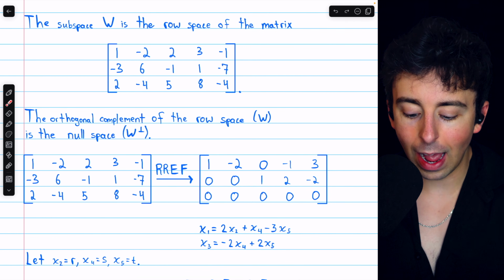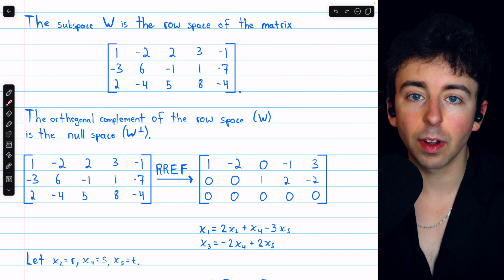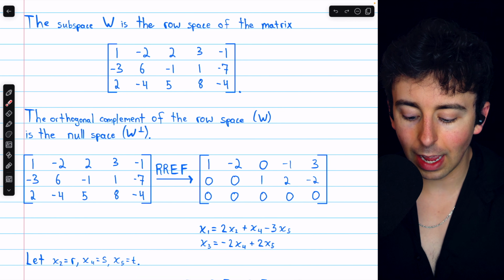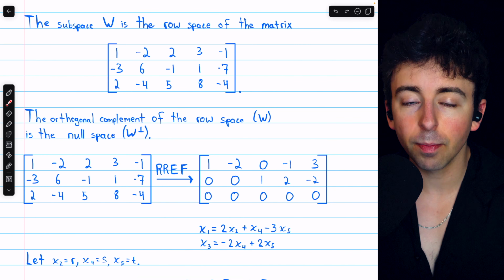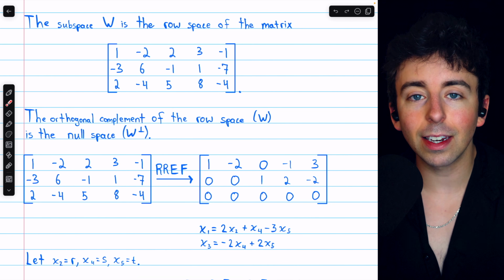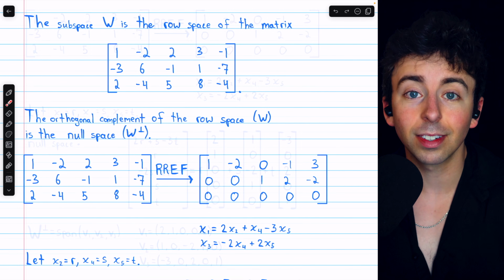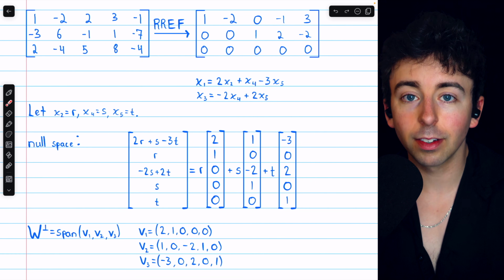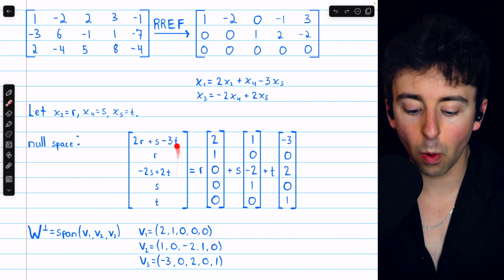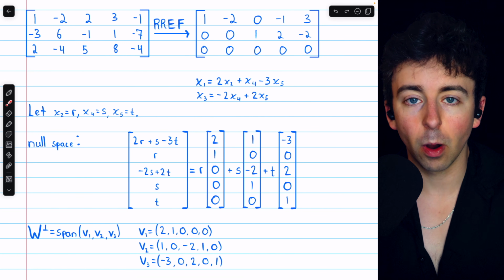So x1 and x3 are our leading variables, but the other variables, x2, x4, and x5, are free variables, so we can assign them to arbitrary parameters, say x2 equals r, x4 equals s, and x5 equals t. Then the null space of the matrix consists of all vectors of this form, where r, s, and t are free.